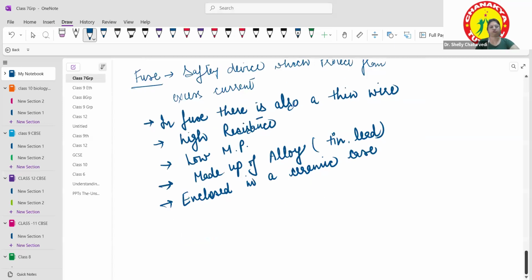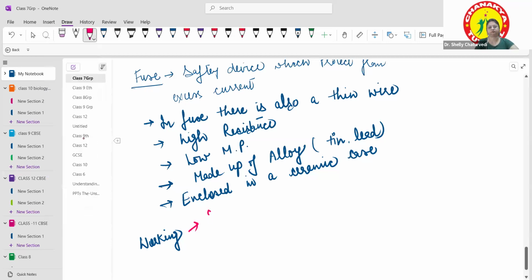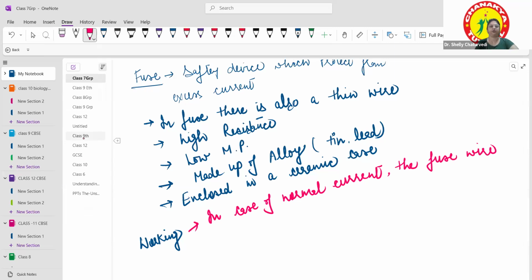So just come to the working. The fuse wire allows electricity to pass.